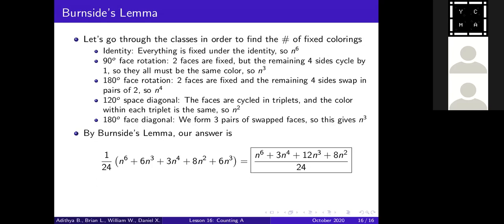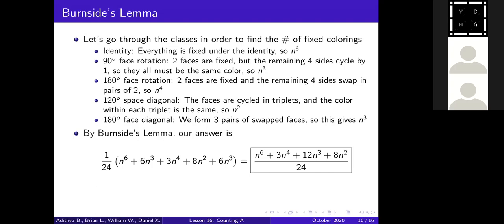In the identity case, there's n to the 8 possibilities, and in each reflection case, there's n to the 6 possibilities, because everything is fixed except there are 2 pairs that swap, so that's 6 choices there.